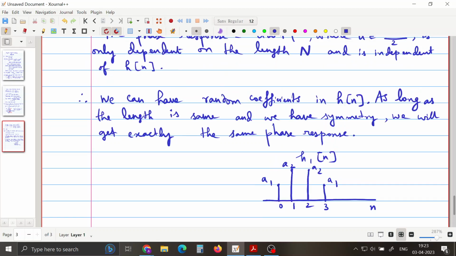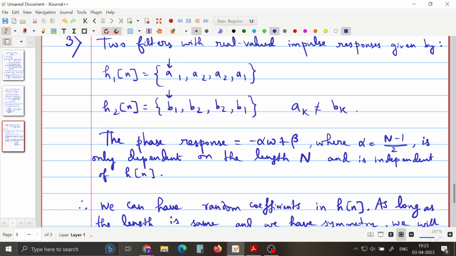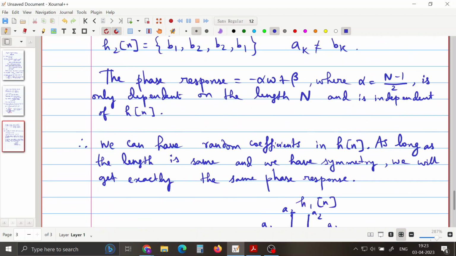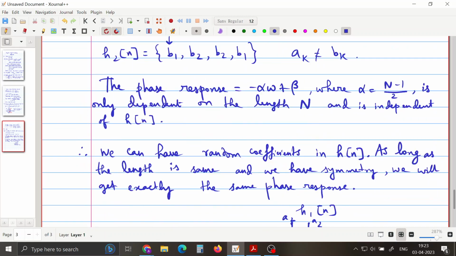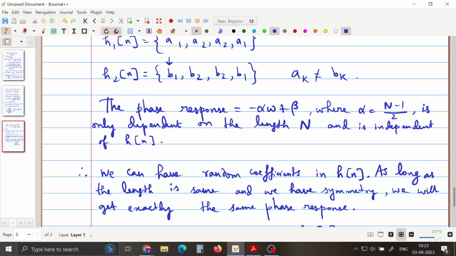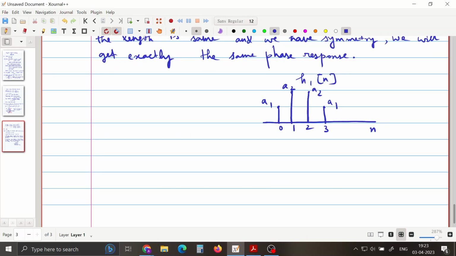And what about h2 of n? It's just the same thing except that you have b1 and b2 instead of a1 and a2, but these ai's and bi's are not equal. So a1 is not equal to b1 and a2 is not equal to b2. So for h2 of n, let's say we have something like this. Since the coefficients are different, let me take b1 like this.